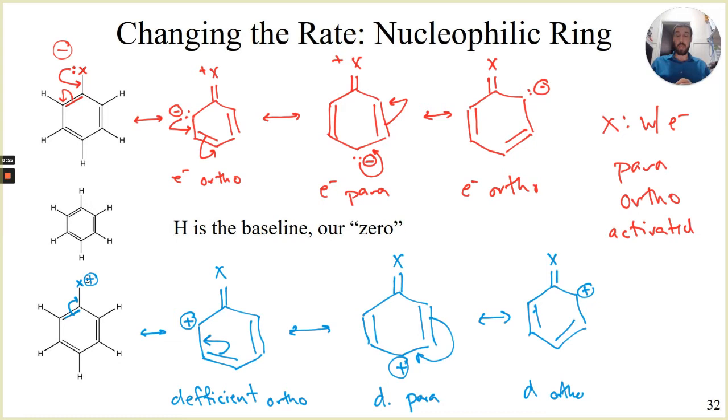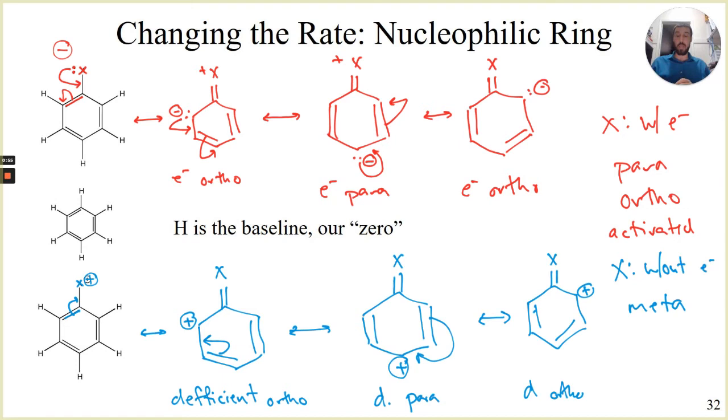Those are not likely to occur. So if the para and ortho don't happen, then that must mean the meta does, because it's the only thing left over. Is it activated though? So in this case, X, we'll call it without electrons.